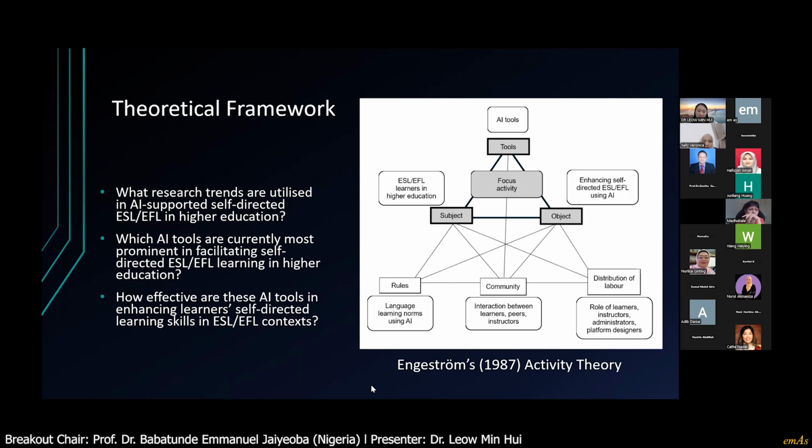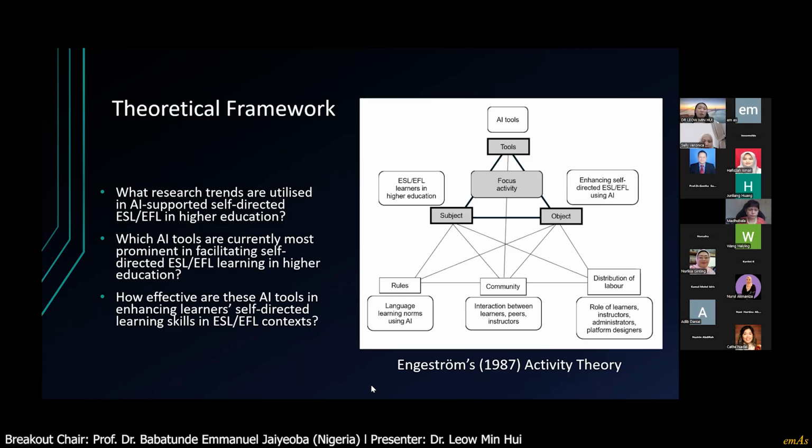Pedagogical norms guide the consistency in self-directed learning practices, and the roles are clearly defined: the learners as agents, instructors as facilitators, and developers as tool creators. All the interrelation among these different parties is evidence of how AI can enhance self-directed language learning. This also helped to address the three research questions.